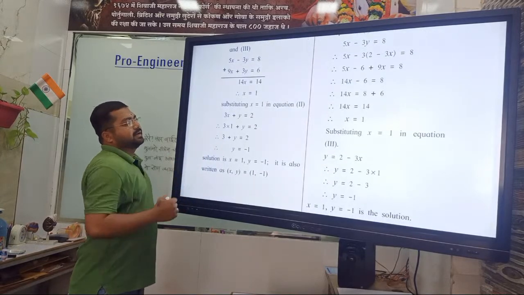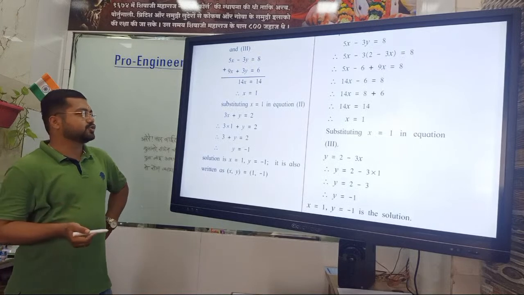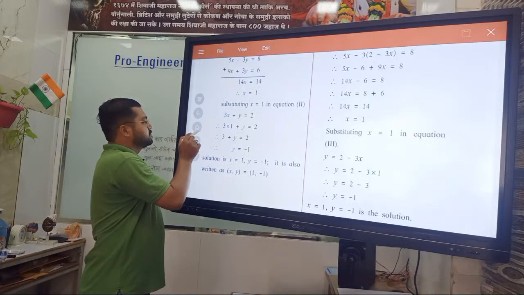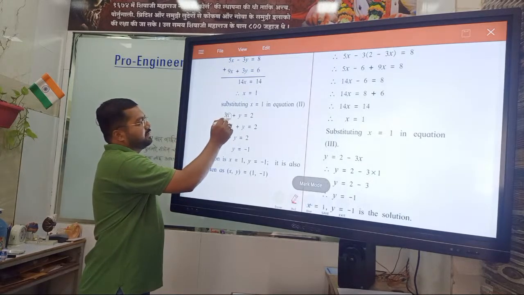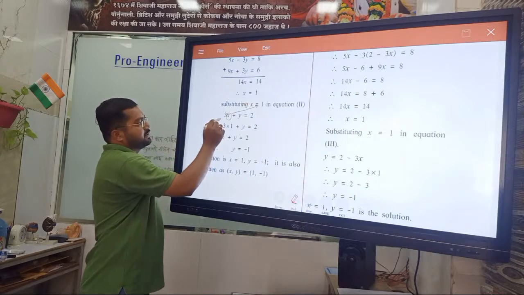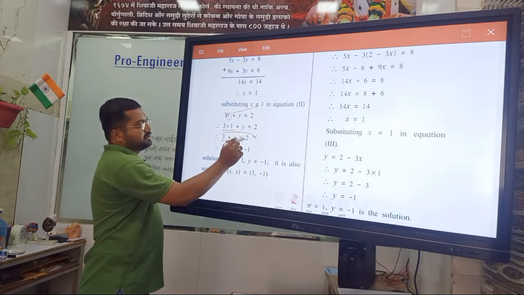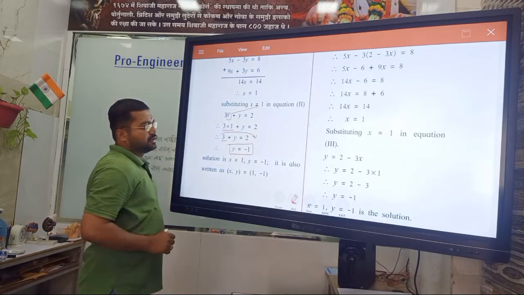Putting x is equal to 1 in one of the equations, 3x plus y equals 2. If we put the value as 1, 3 into 1 is 3, y as it is. We'll take this 3 over here, so 2 minus 3 is minus 1, right?